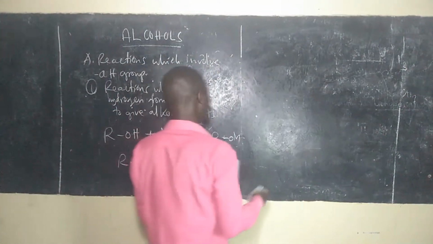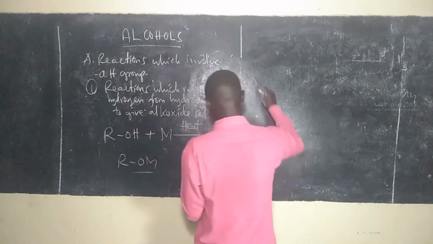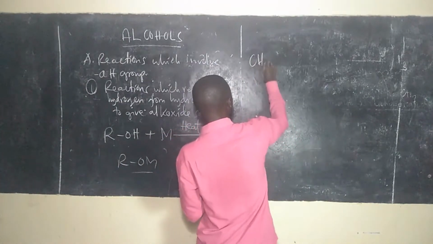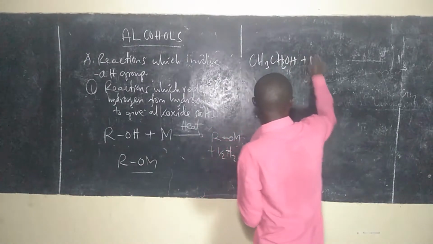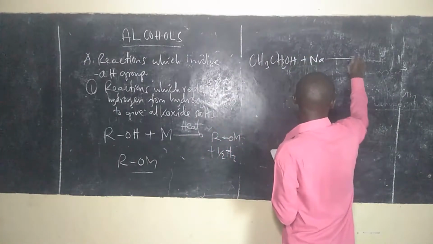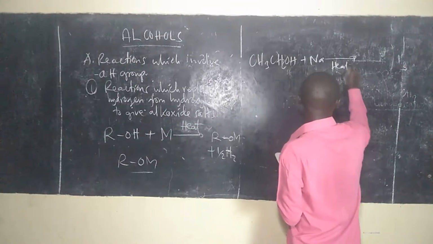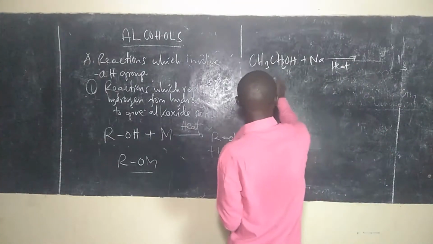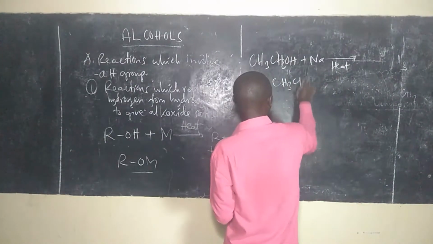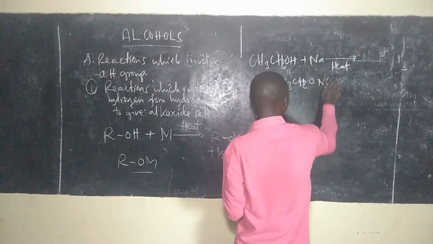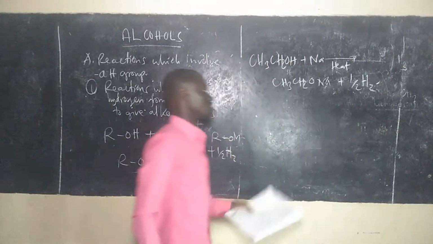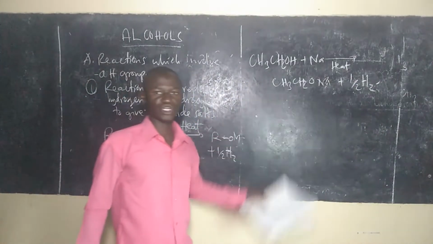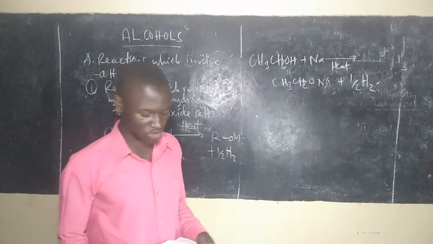So group 1 elements. Kwa hiyo tutakupa mfano tuna CH3CH2OH plus sodium in the presence of heat, tunakuja kupata CH3CH2ONa plus half H2. So this is named sodium alkoxide.